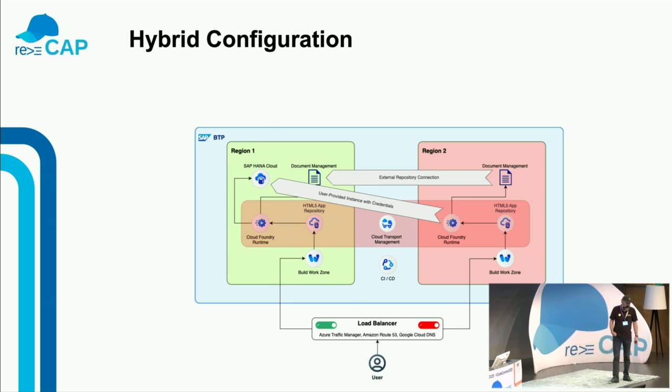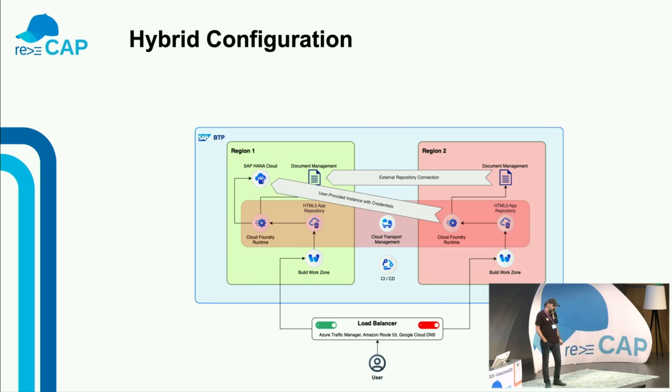But for the HANA Cloud part, I didn't install any HANA Cloud instance in this region. Instead, I have created a user-provided service instance. You can copy the credentials from the first instance in the first region, and then copy the credentials into the second instance, and your application can connect to it through the user-provided instance in Cloud Foundry.